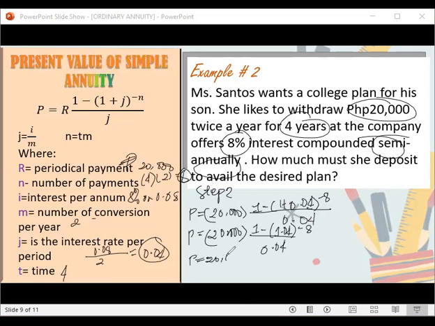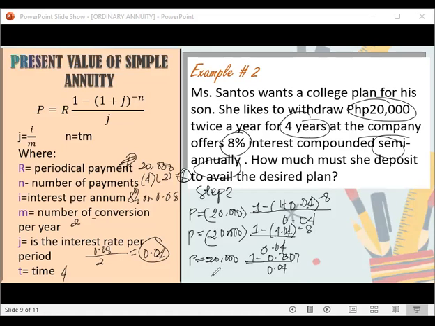Then, syempre, exponent naman tayo. So, 1.04 raised to negative 8. Ang sagot ay 0.7307.